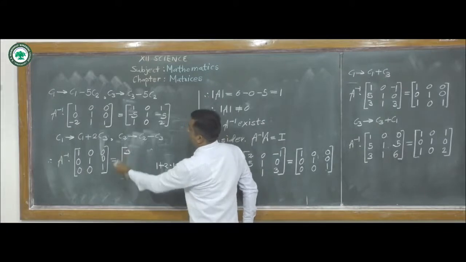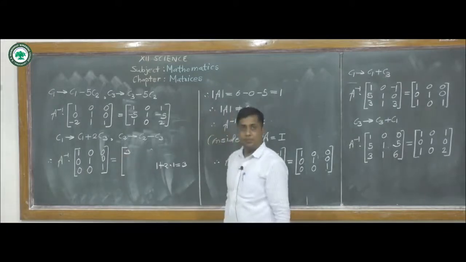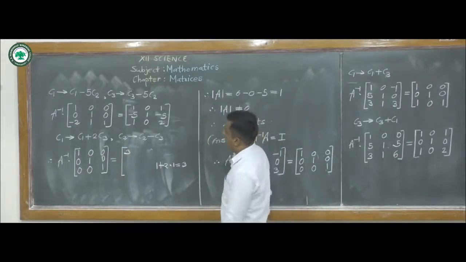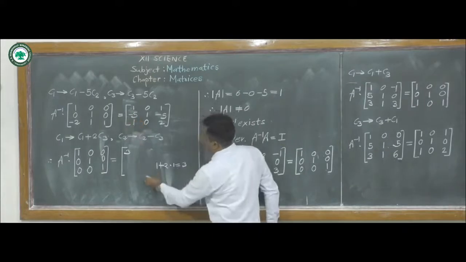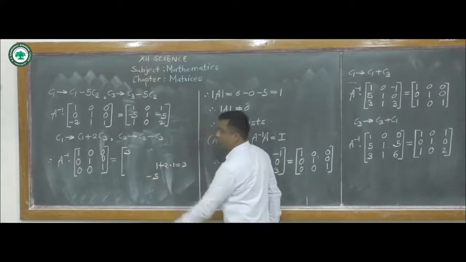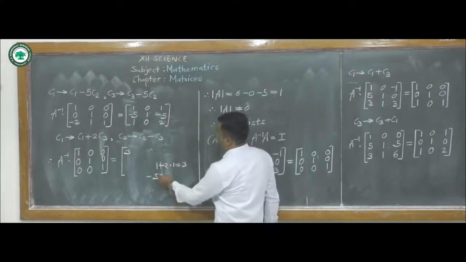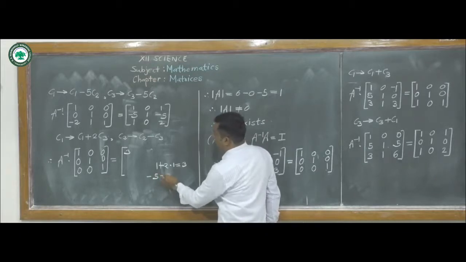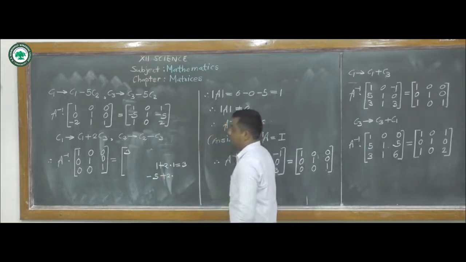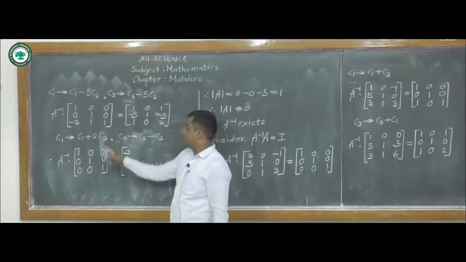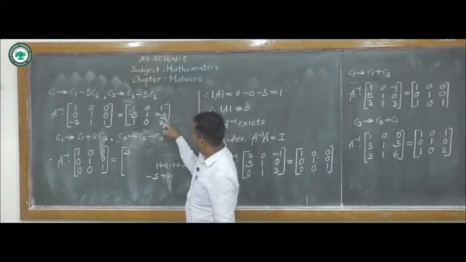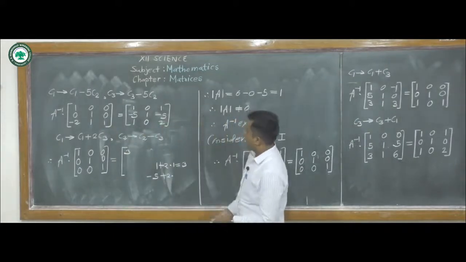So here in the position of 1 we get 3. Next, the second element from column first is minus 5, then plus 2 into the second element from column 3, which is minus 5.